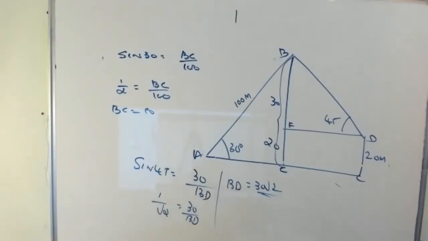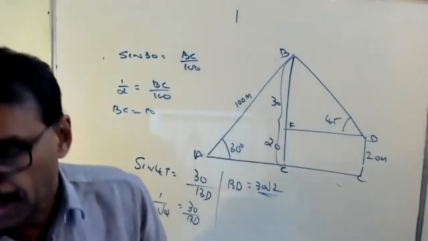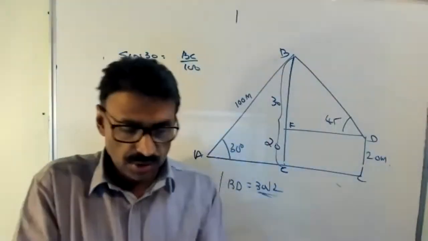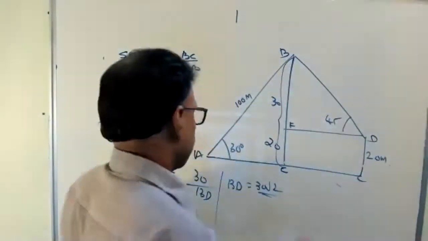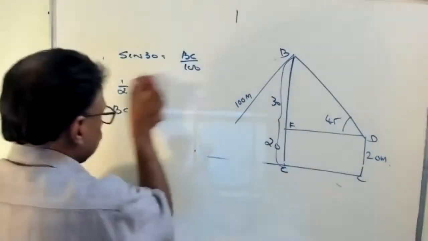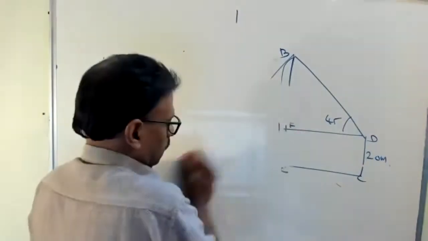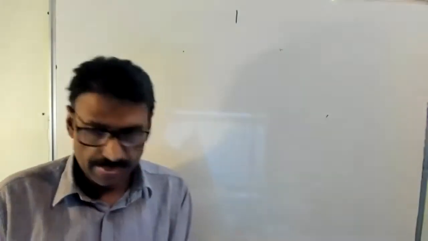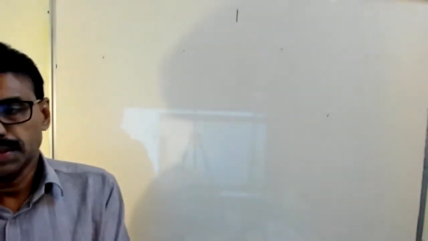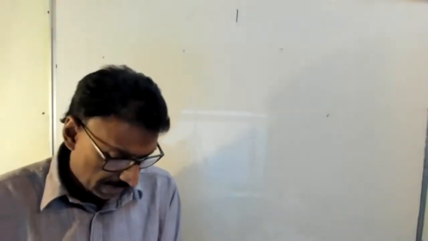Okay, next question. From the top of a 7-meter high building, the angle of elevation of the top of a tower is 60 degree.